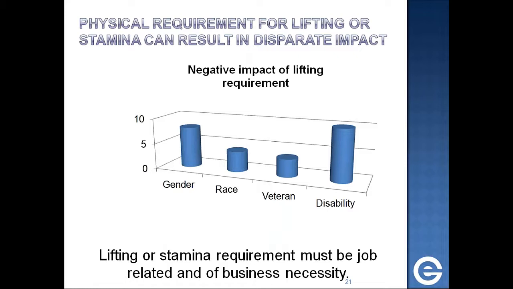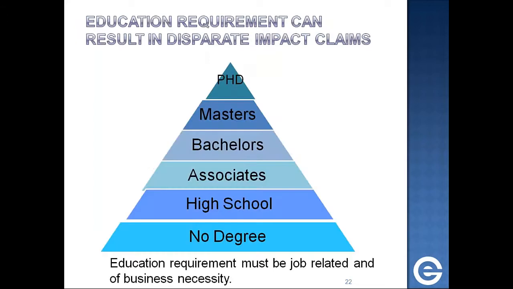So if it's a clerical position, probably not job-related and of business necessity to be doing heavy lifting. If they're working on a loading dock, then that would be job-related and of business necessity. So it depends on the job, and it must fit the job requirement.